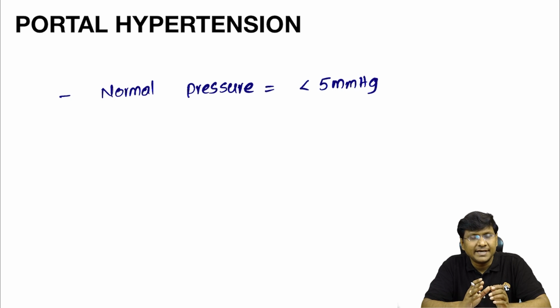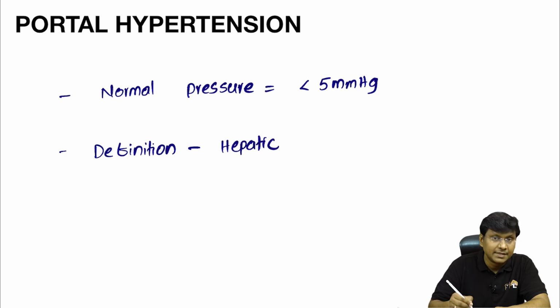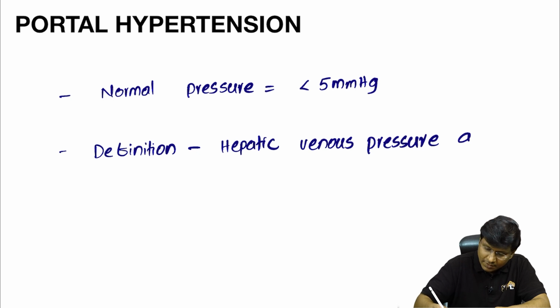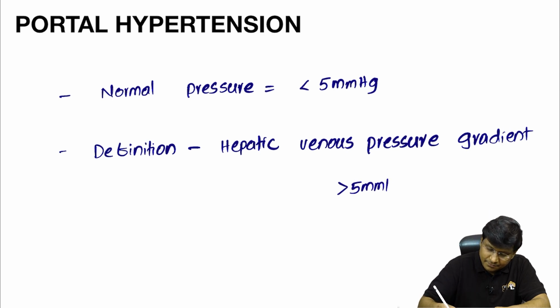Portal hypertension is defined as the hepatic venous pressure gradient increasing to more than 5 millimeters of mercury.